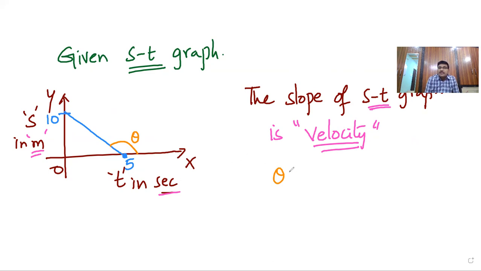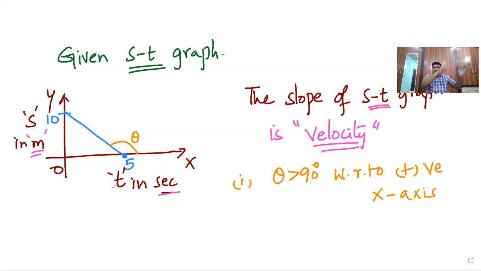What is the first conclusion from the graph? The line is a falling line, and theta is greater than 90 with respect to the positive x-axis.